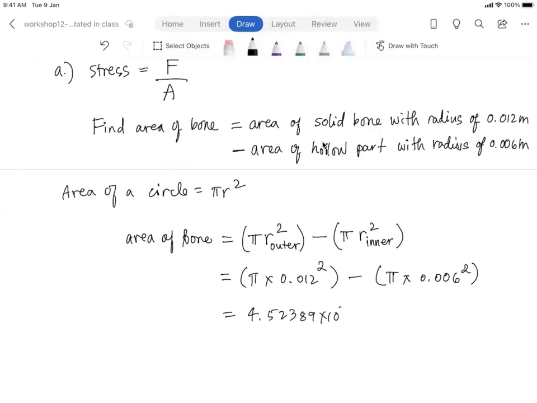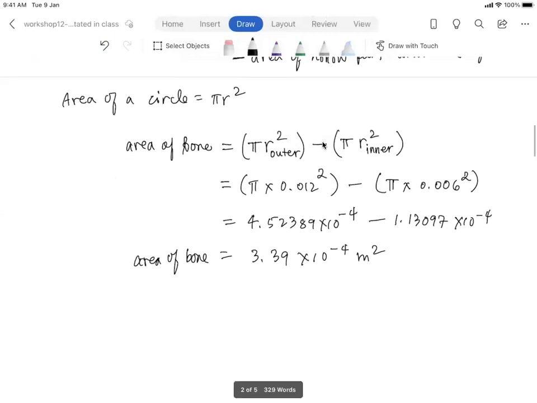4.52389 times 10 to the minus 4 for the solid bone, and 1.13097 times 10 to the minus 4 for the hollow part, giving you an area for the bone of 3.39 times 10 to the minus 4 meters squared. That's the cross-sectional area of just the bone part, taking away the hollow part.